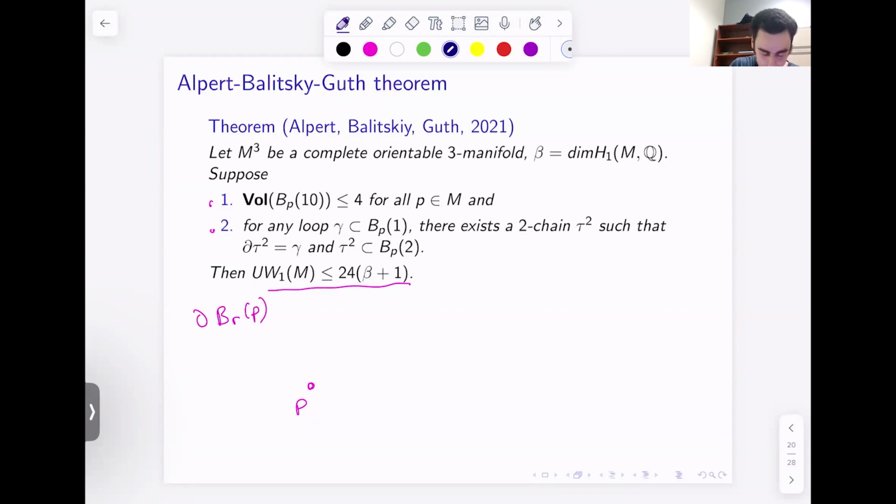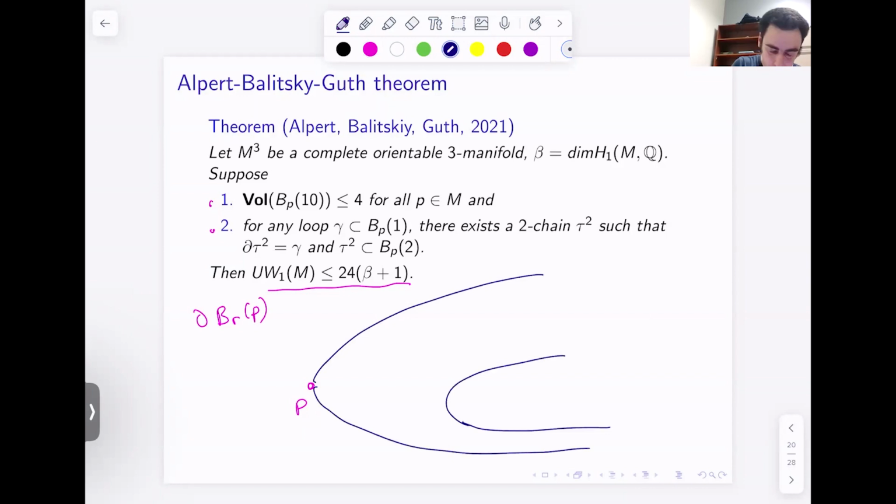So maybe our manifold looks something like that. Then we pick a connected component of this geodesic sphere. We'd like to say that this connected component actually has small diameter. So here we have two minimizing geodesics of length r, and we connect them to points x and y on this connected component of the geodesic sphere.